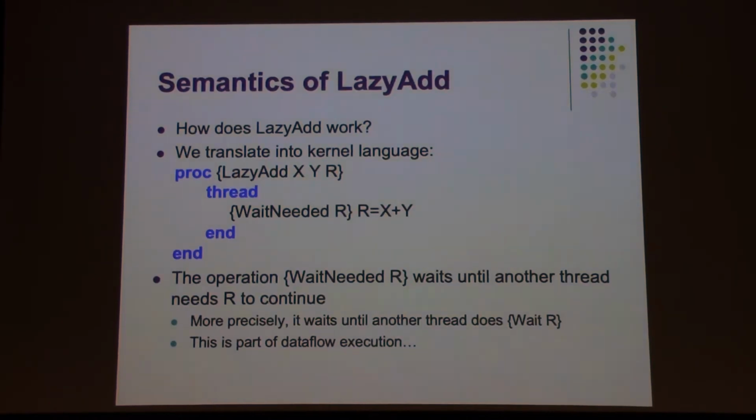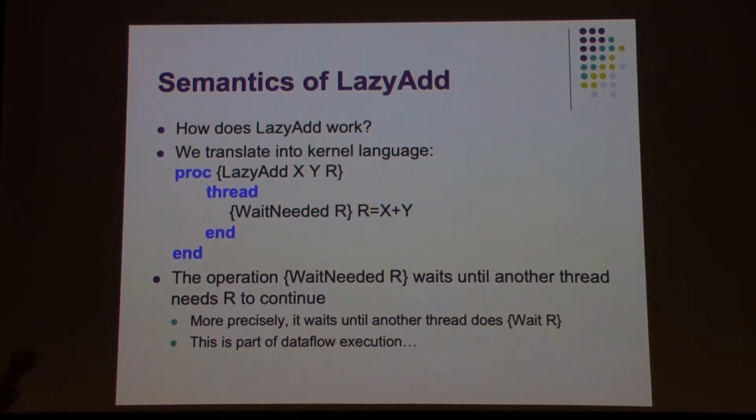Okay, so here's the lazy add. How does the lazy add work? The way we always do this is we have to look at the basic underlying simple language inside. This is the kernel language for Oz. Of course, all languages have this, even if you don't see it. But in Oz we see this.